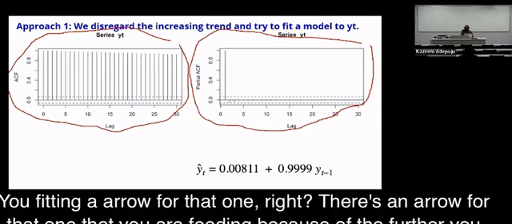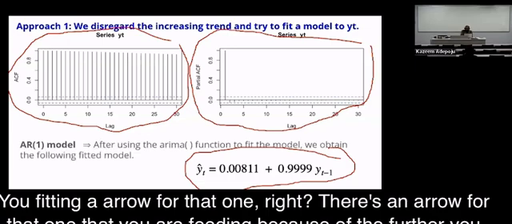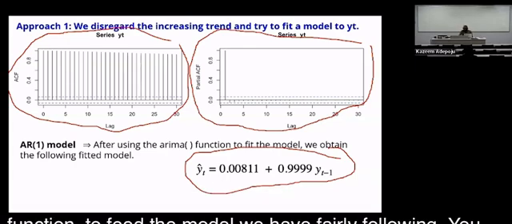And that was why you are fitting what? You are fitting an AR of order 1, right? There's an AR of order 1 that you are fitting because you look at the partial ACF plot and you realize that the partial ACF cuts off after lag 1, which means lag 1 is appropriate, right? And that was why I said, after using the ARIMA function to fit the model, we obtain the following.